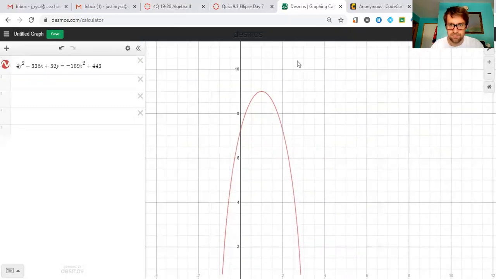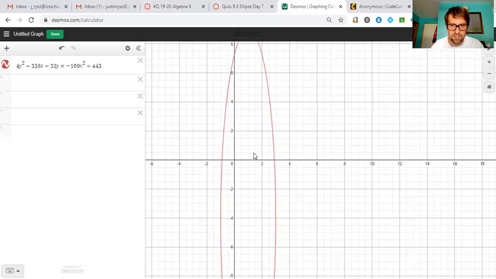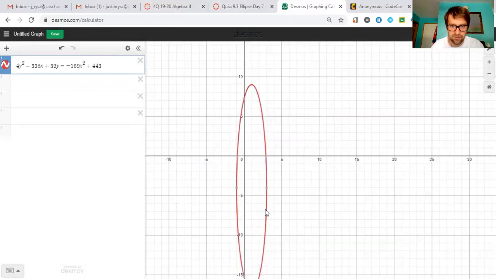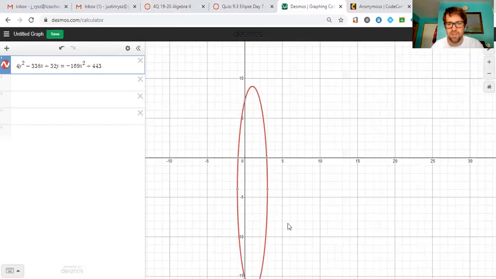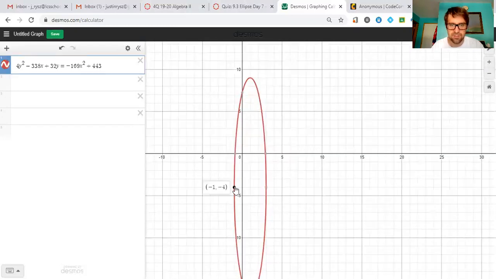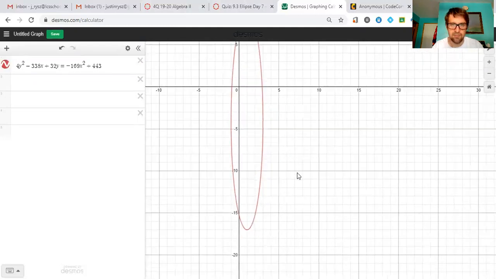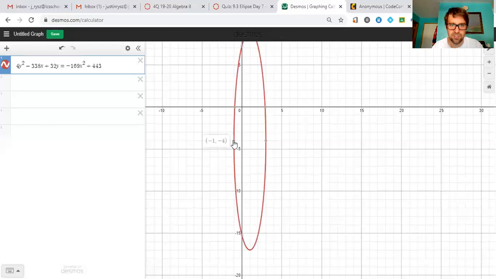Oh, hey, look at that. We get a nice, super skinny ellipse there that we can click on and get some information from. So that would be what you guys could use to get that. So look at it, type it into Desmos, get your graph that way, find the center location, guess where it's at, and then count the major and minor axis.